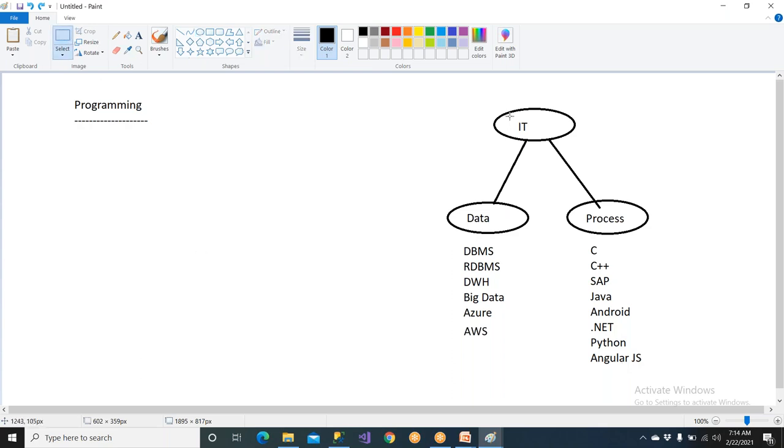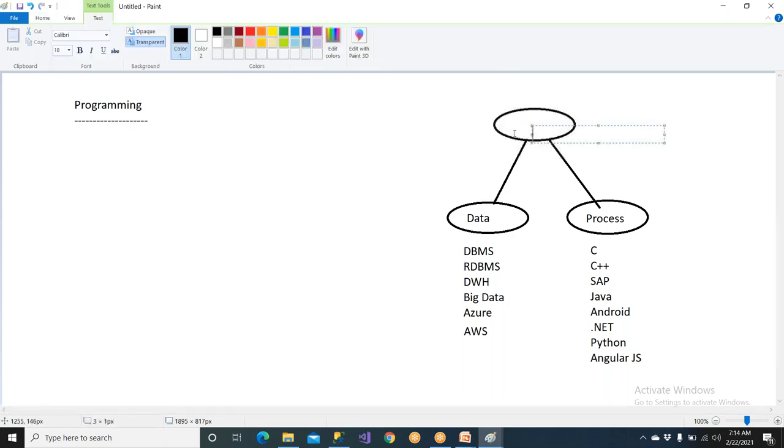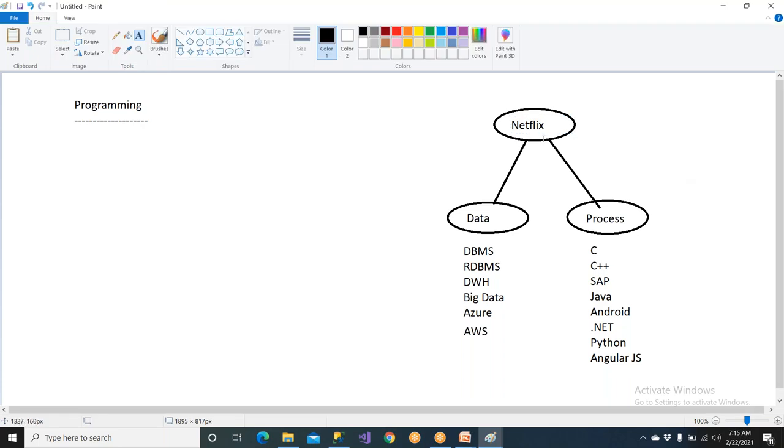You take a company, let us say Amazon.com, or you take a company called Netflix.com. That is a company, right? So what are these people going to be doing? They have a lot of business all over the world. People can see the OTT platform, Netflix. You can subscribe, you can watch movies, lots of things. Your data is going to be preserved in one of these places, either Azure, AWS, big data, data warehousing, RDBMS, or somewhere.